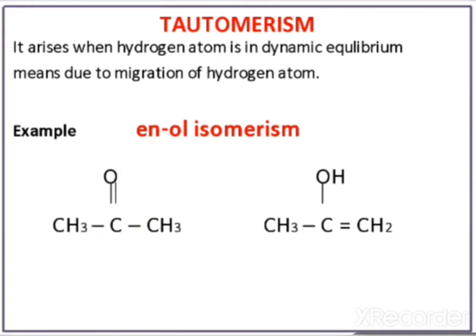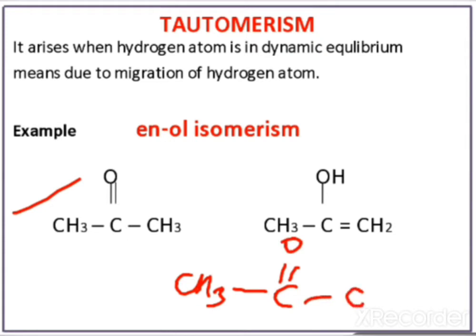In a very simple way, I am drawing this structure, CH3 C double bond O C, with 3 hydrogens. From these 3 hydrogens, one will be eliminated. What will we do here? Break this bond. So this bond is broken.